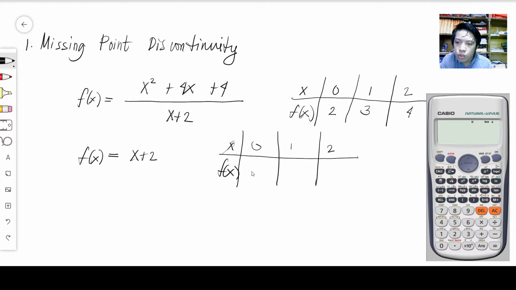If we try to get the values of f of x, we arrive at the same numbers. So you see, these two functions are actually on top of each other, as if they are traversing the same line, if we try to graph these two functions.